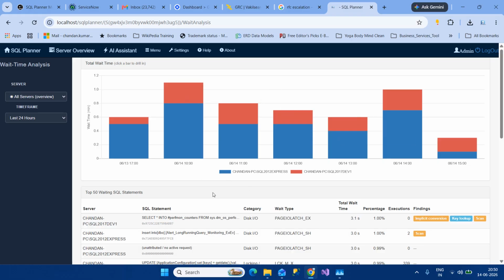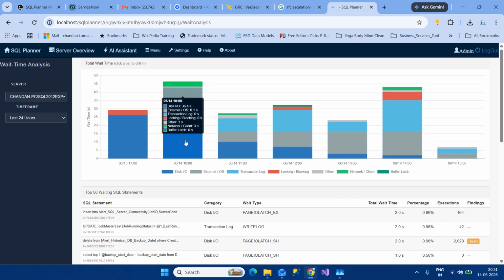Now let's dig down in detail. Let's see what happened on this particular server on this date. So the moment you click on this, you are now within that server, and there are several waits based on different resource types.